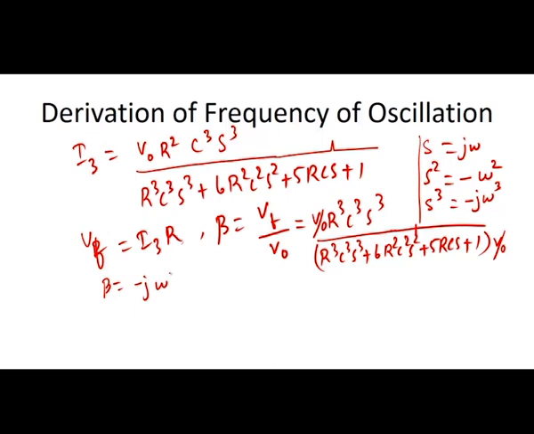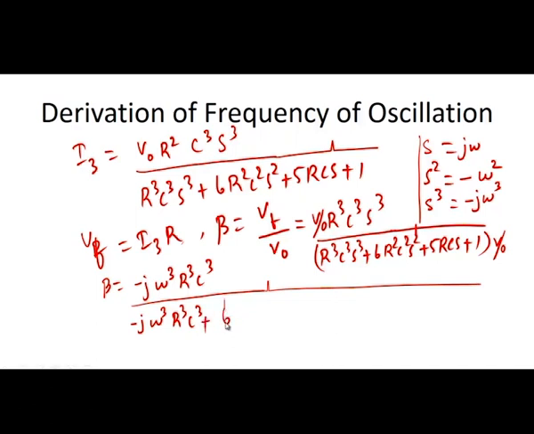So, minus j omega cube r cube c cube divided by, here also you will have the same value j omega cube r cube c cube, since you have s cube terms, plus 6 r square c square. For s square you have omega square, you have a minus omega square.